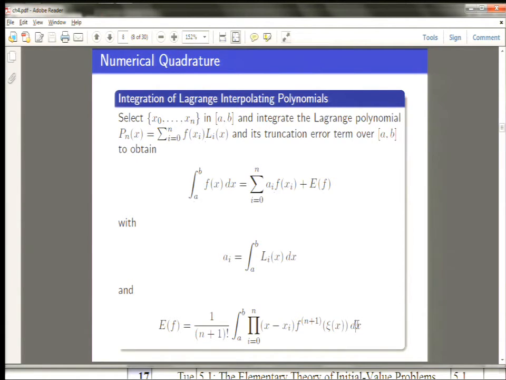There's going to be an unknown evaluation point of the second derivative of f. And then you get this product from the Lagrange, which is x minus x0, x minus x1 dx. All right? And you should realize I didn't do anything. This is the error term from Lagrange, and I just put an integral sign in front of it. So we're going to have to be a little smart. But so far I haven't done anything.